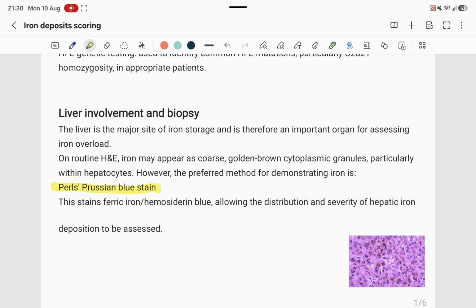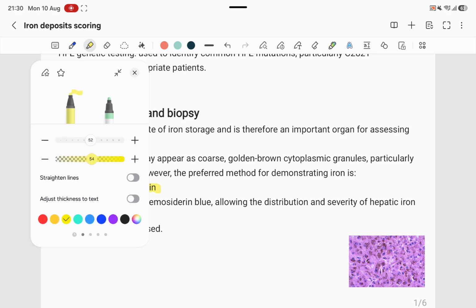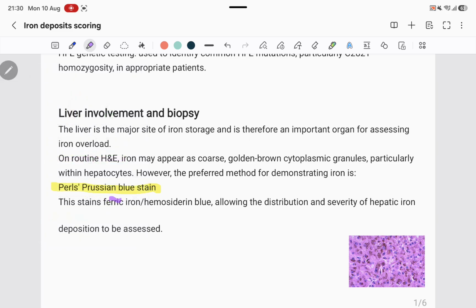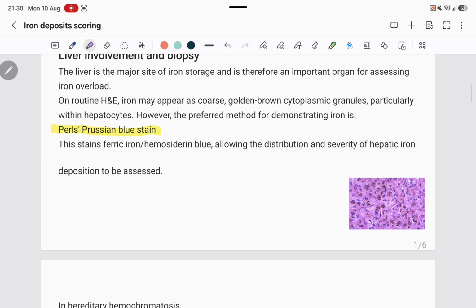So what does it stain? It stains ferric iron or hemosiderin. It allows the distribution and severity of hepatic iron deposition to be assessed, obviously.